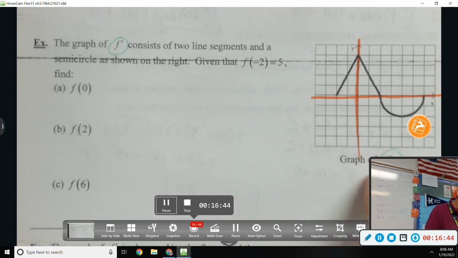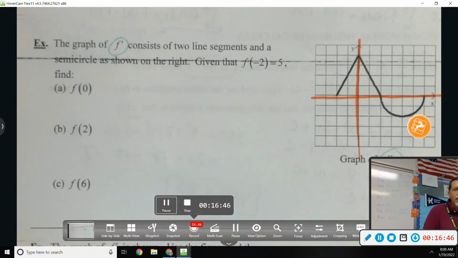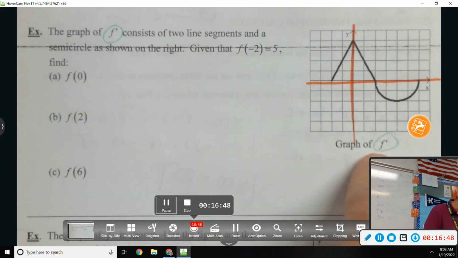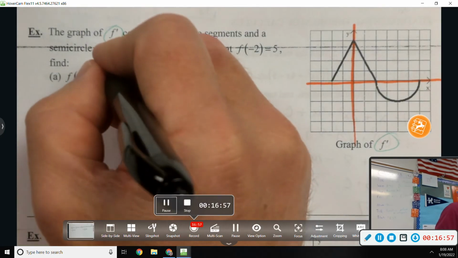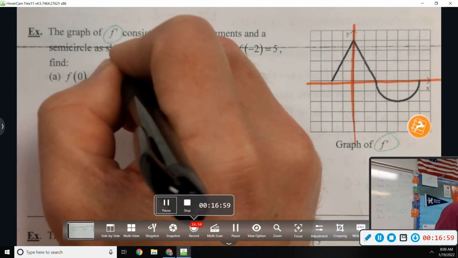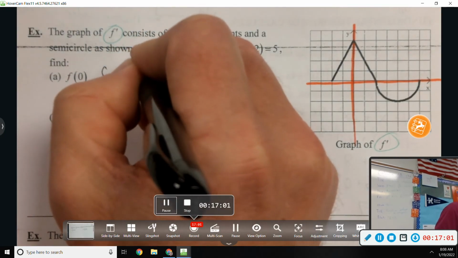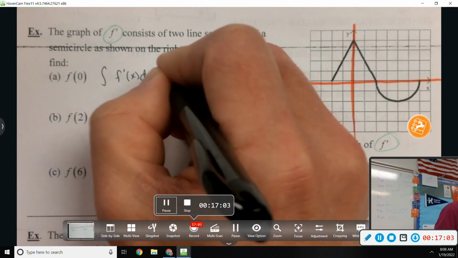Well, I've got f prime and I want f. So if I know something about f prime and I want f, what should I do to f prime to get to f? Antiderivative. So let's antiderivative f prime. That will get us to f.